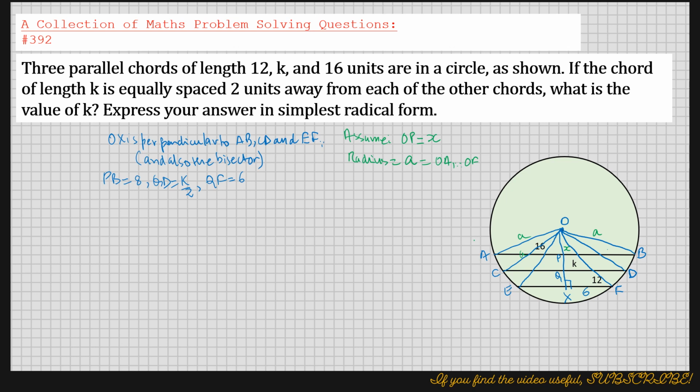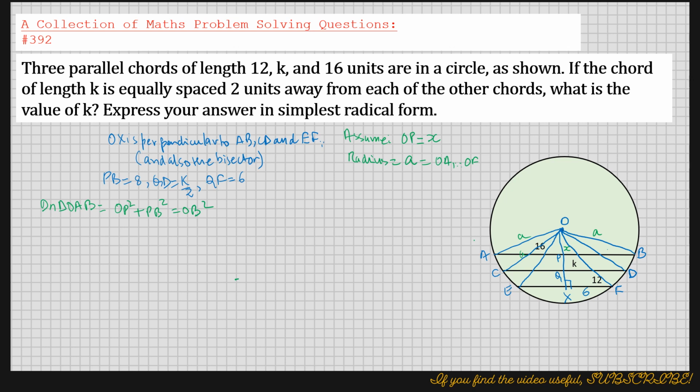Now let's look at triangle OAB. We can write OP square plus PB square equals OB square.